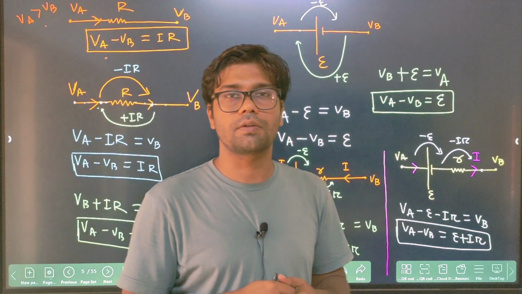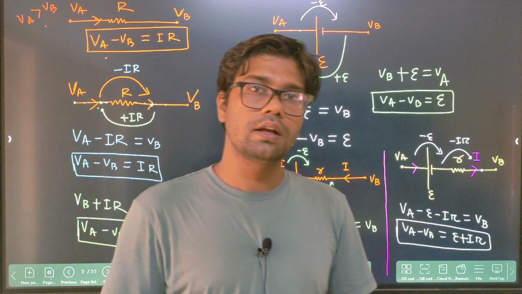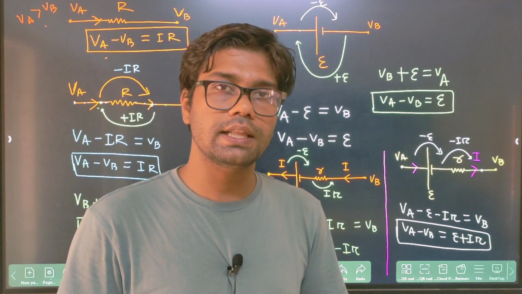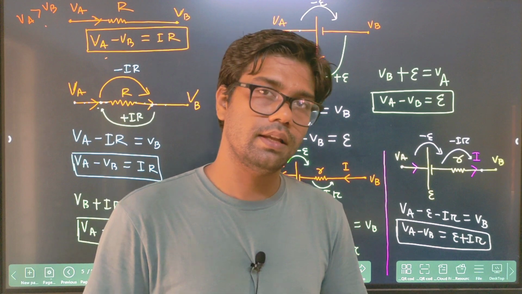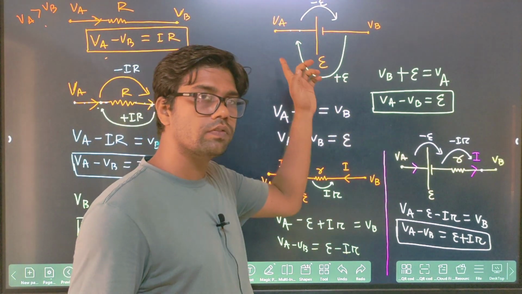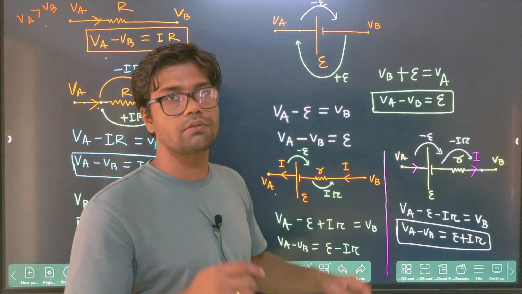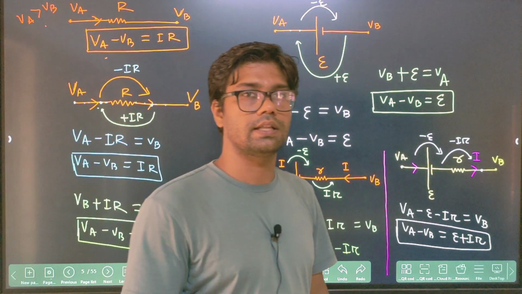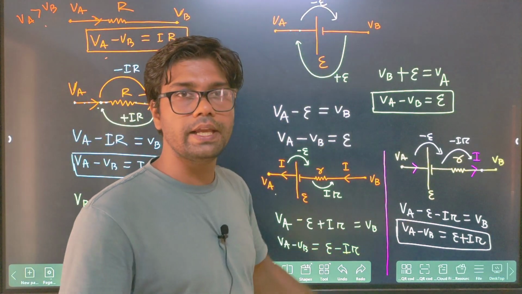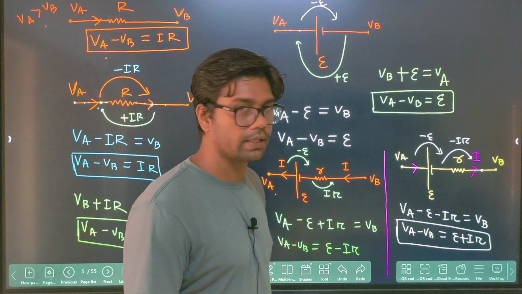If you are moving in the opposite direction of the current through the resistor, there will be an increase in potential, that is plus IR. Clear? For the cell, if you are moving from positive to negative, there will be a drop in potential, that will be minus E. If you are going from negative to positive, there will be an increase in potential, that is plus E. You write that and you can solve like this.